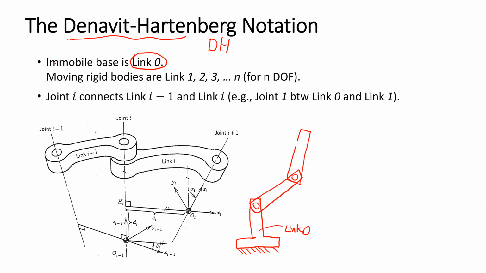The immobile base is link 0. The first moving rigid body is link 1. The second moving rigid body is link 2. And of course, we have the connection until the last link.